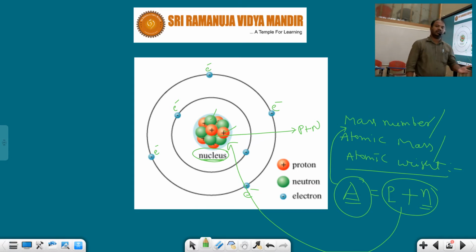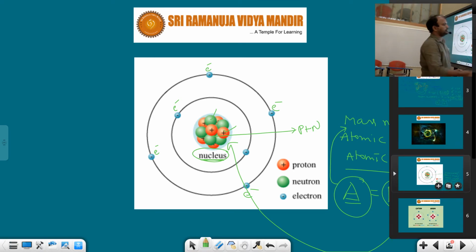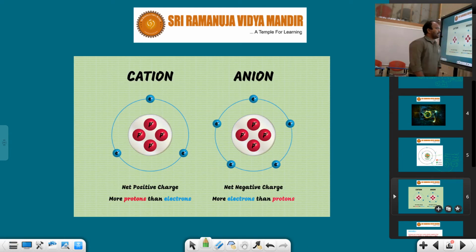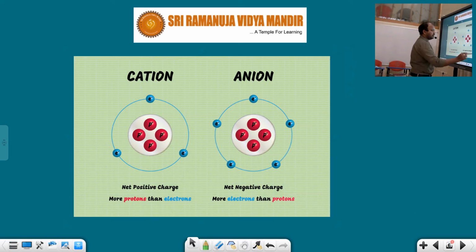So I have given a brief explanation of what atomic number, mass number, and neutron number are. After that, cation and anion. What is this?